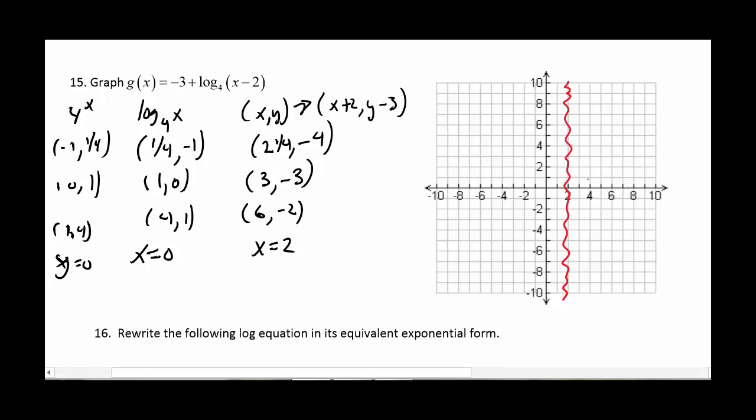So 2 and a fourth, -4, puts me right down there. 3, -3, so 1, 2, 3 right there. And 6, -2 puts me right there. Okay, so I can kind of see what this graph is doing. Looks about like that.